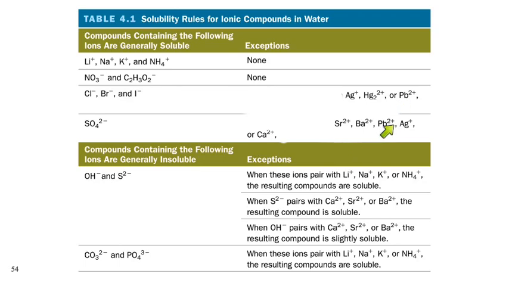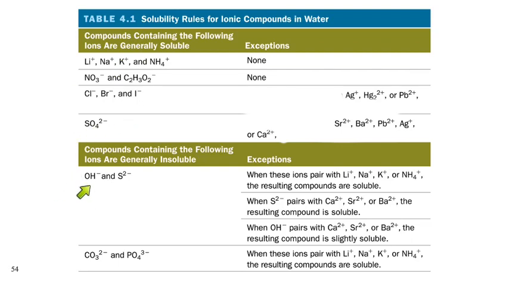Now notice lead-2 and silver are in both of these lists. The other three elements for sulfate are alkaline earth metals, group 2 metals. So here you've got those guys. I'm sorry, you just got to memorize those. And these guys.